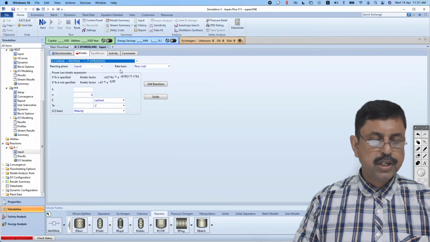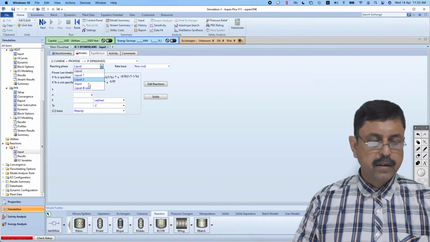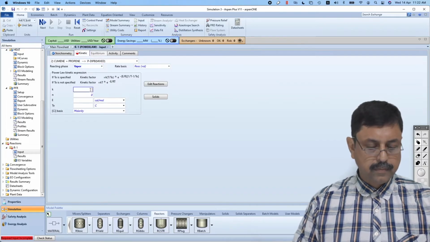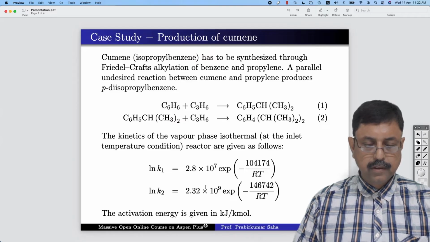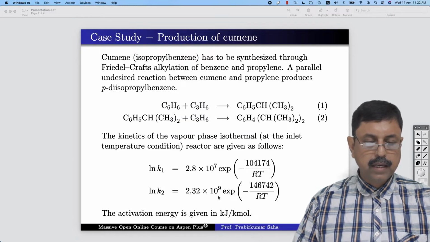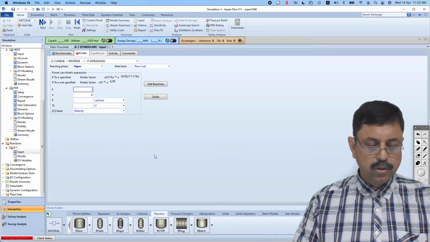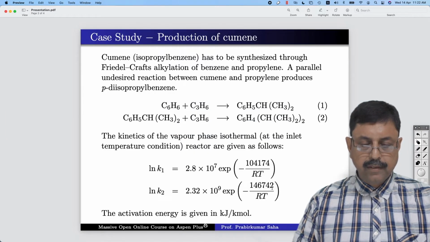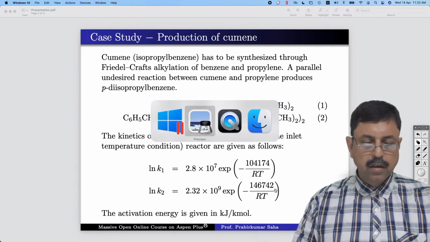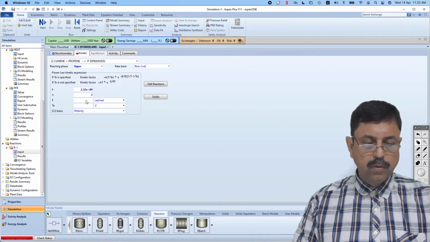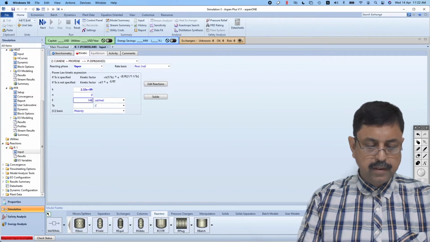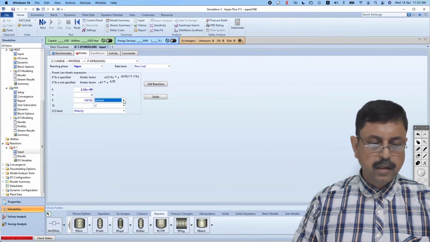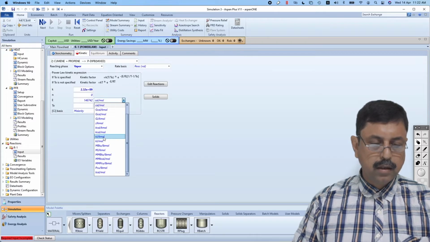And then second reaction, again it is vapor phase. K value is 2.32 10 to the power 9, and E is equal to 146,742 kilojoule per kilomole.